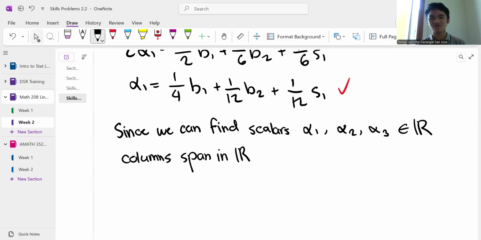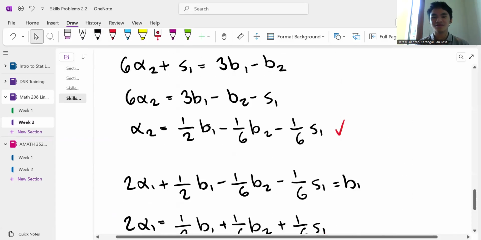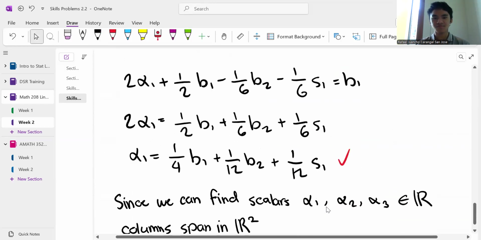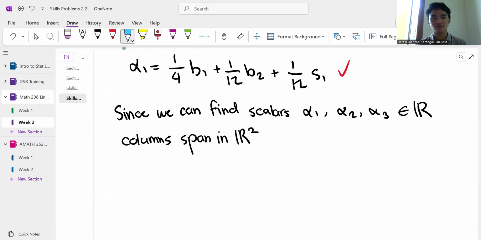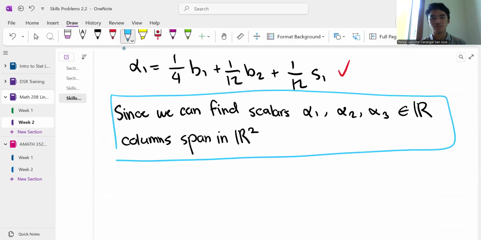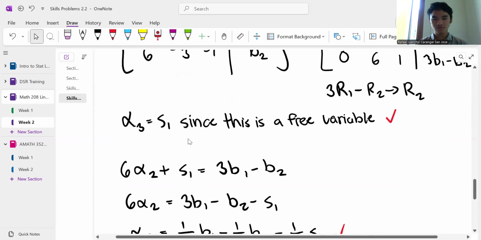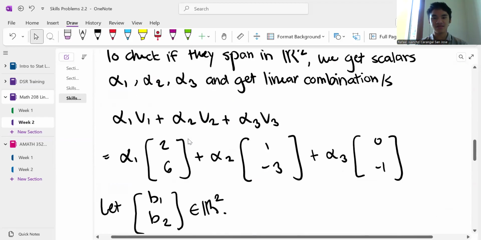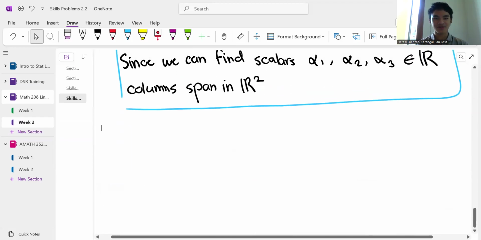Did I say R3? R2, my bad. So yes. Okay. So it's a very theoretical thing, but yeah, we're gonna get through it.